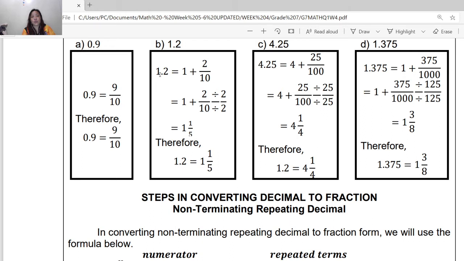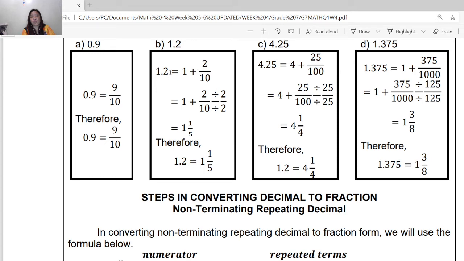Here, in number 2, we have a whole number. The whole number is not included here, so you will just rewrite the whole number. But the decimal part there is 0.2. Move 1 place, so that will become 2.